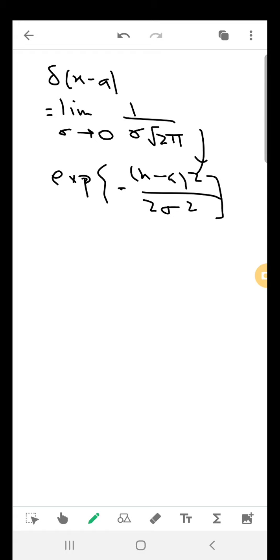This is actually the Gaussian function we are writing here. So this is how this delta function can be represented.